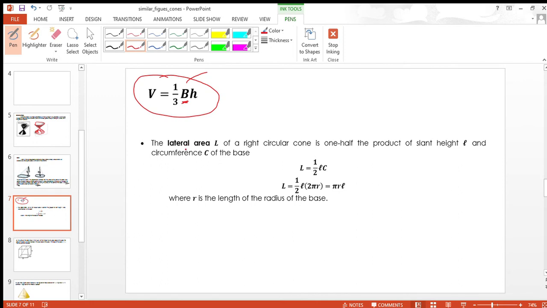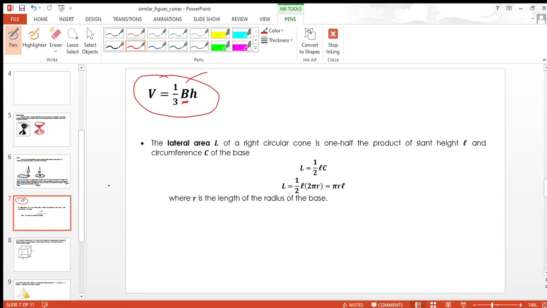Then the lateral area, same concept as our pyramid, but since we will no longer see the lateral faces, the triangles, the formula is now, earlier it was 1/2 perimeter times the slant height.